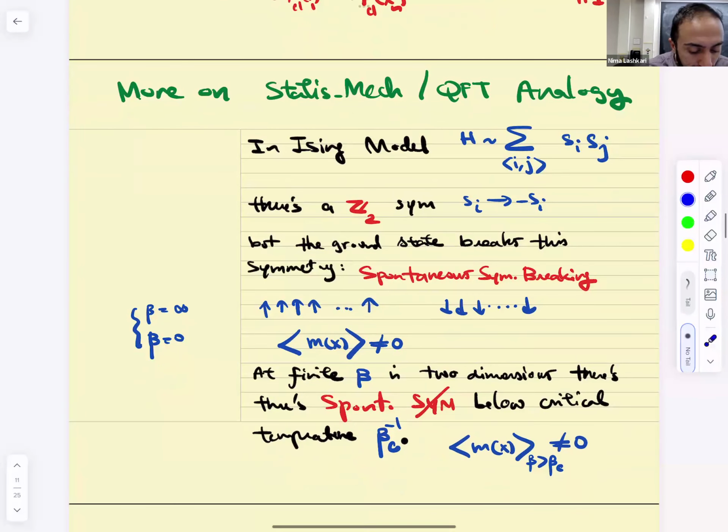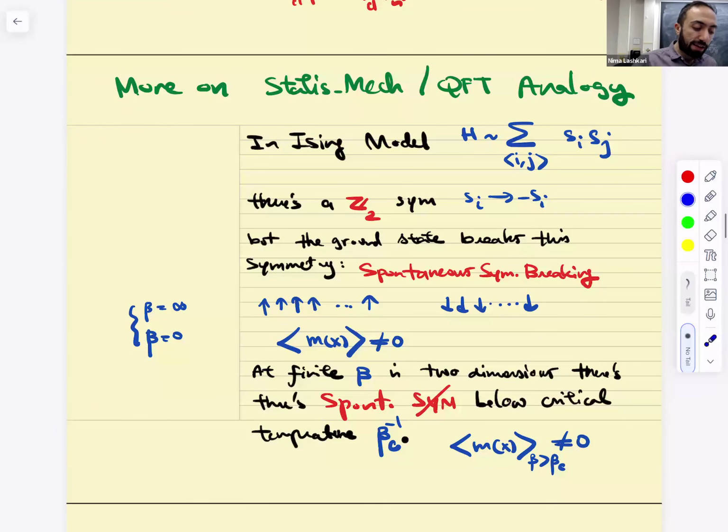All right. So let's build on the connection to StatMech a little bit more. Let me say it at a higher level, let's just zoom out a little bit. The story is like this.